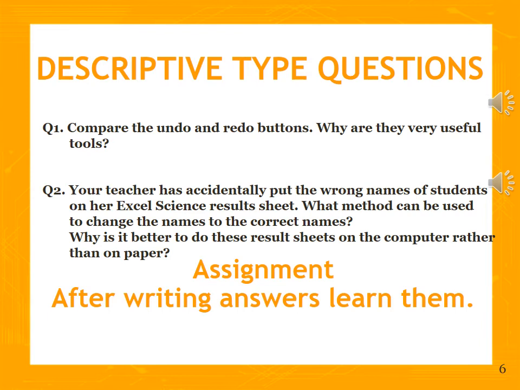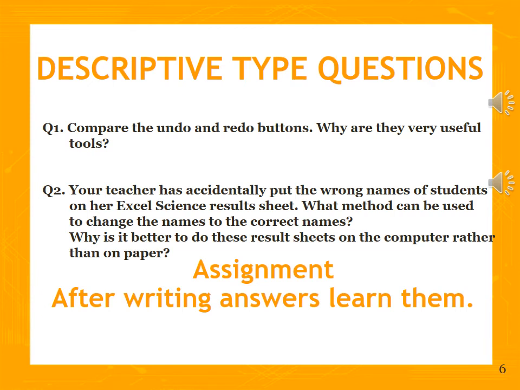The undo command allows us to reverse the last action we have performed, whereas the redo button redoes the last undone action. If we make a mistake or a series of mistakes, we can undo them.